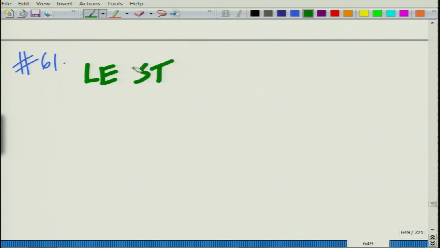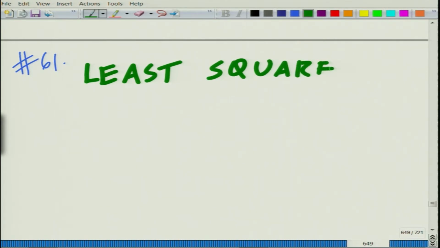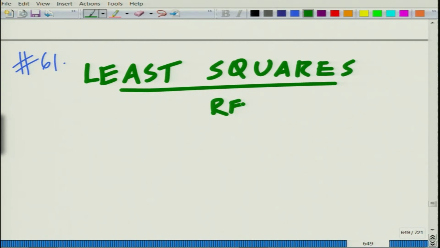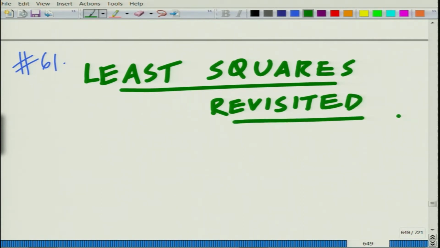I would like to revisit the least squares problem and understand this better, especially looking at some interesting cases.